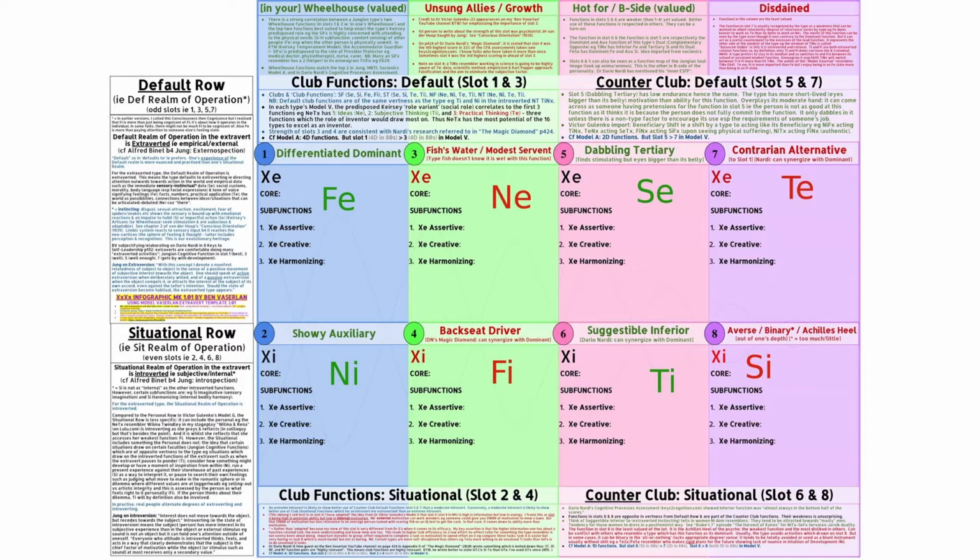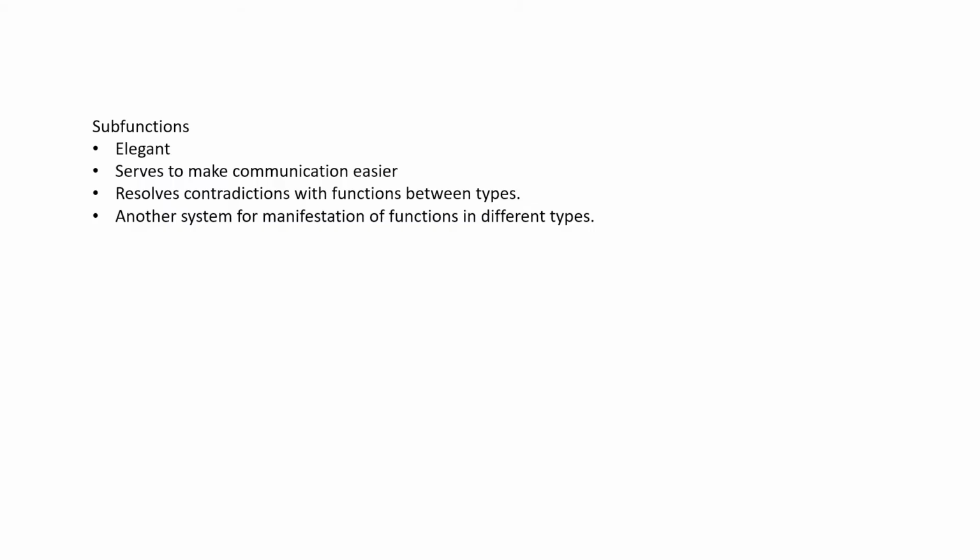I like how they fit into every single slot, and there's always assertive, creative, harmonizing, and I think it's a really good way of dealing with this problem of functions manifesting differently in different types.